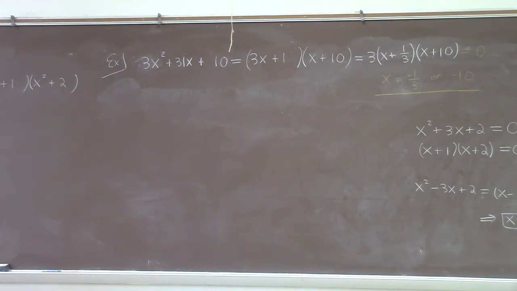Or you could have something like this, x to the fourth minus 625. So what's 625? It's 25 squared.